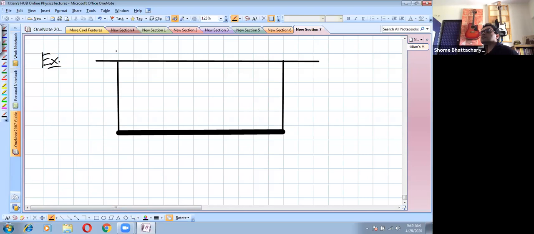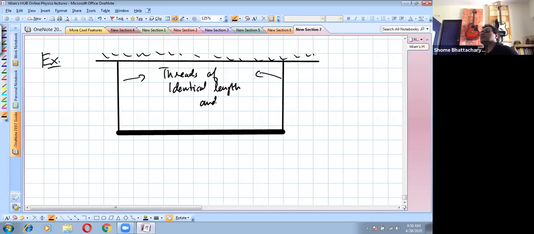So these are threads of identical length and mass, but the mass is negligible compared to the rod.